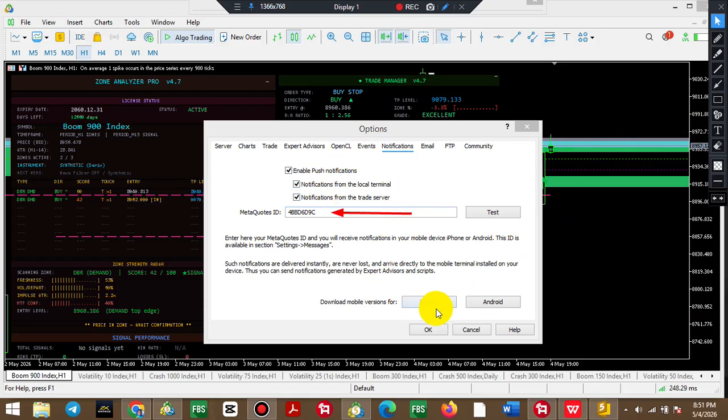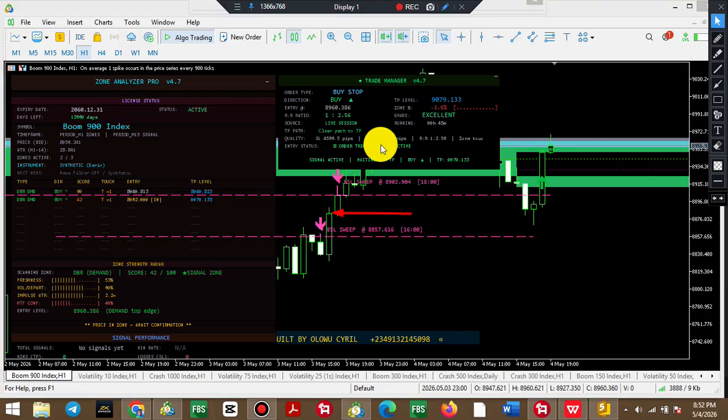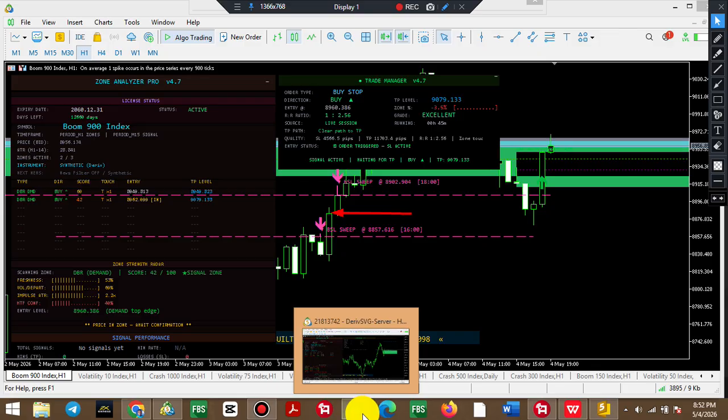Since this particular one here is connected to the one on my mobile phone, when it pops up here, it definitely sends a message to my phone directly. Exactly. So that is why it is very important to have a VPS. It's also possible on your VPS. That means when you do it on your VPS, you also get it that way.